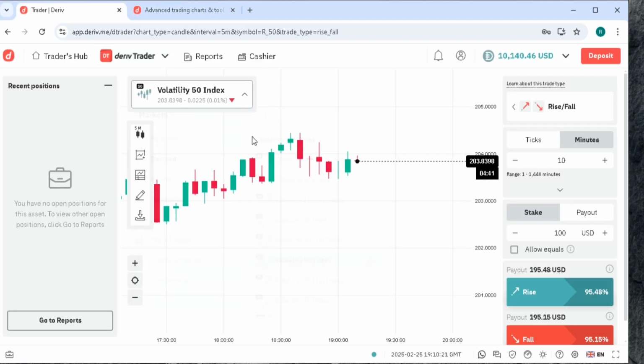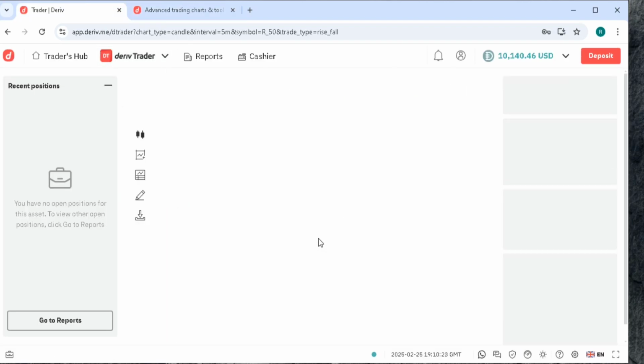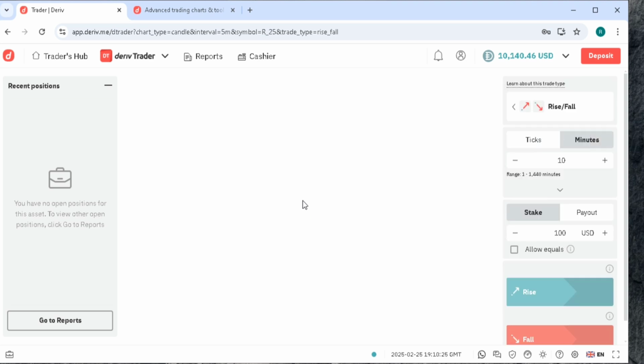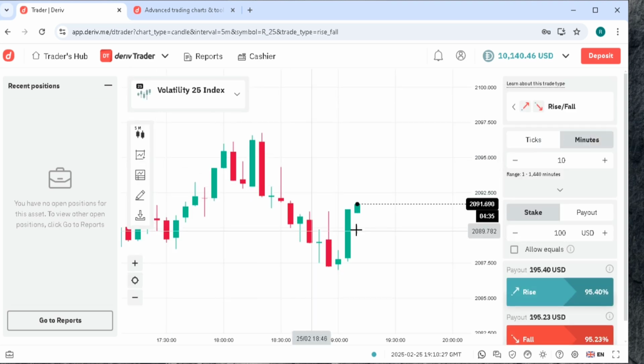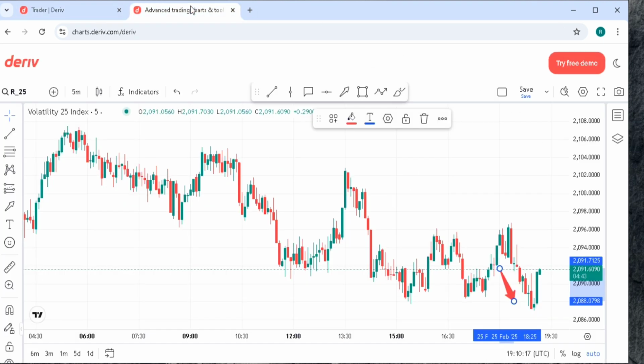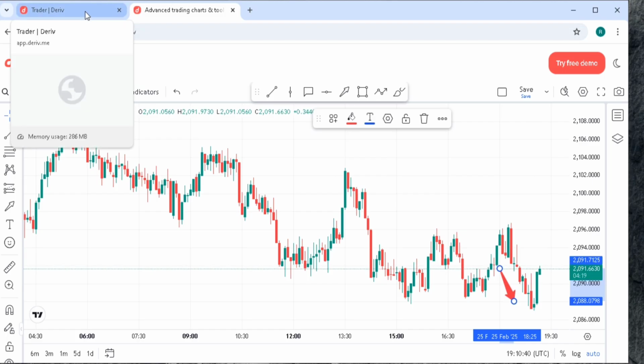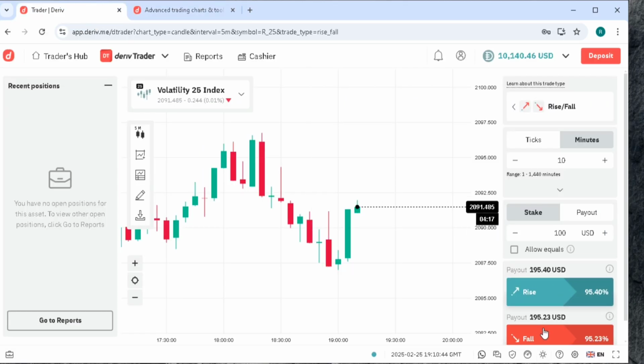5 minutes time frame. Yes, and it is a rise. We are already 30 seconds late, but we can enter a rise.